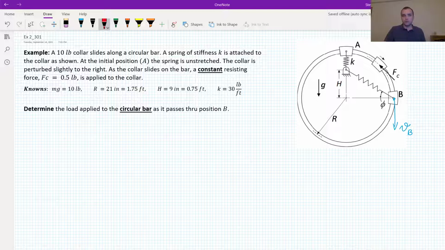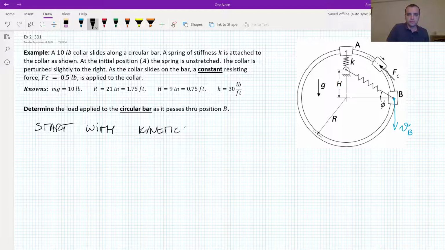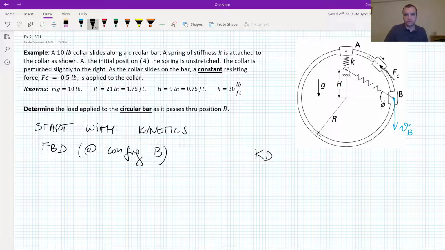So since they ask us to find the normal force again, I think that it's natural to start our solution with kinetics. So again, I will just draw the FBD at configuration B, and also I will draw a kinetic diagram.